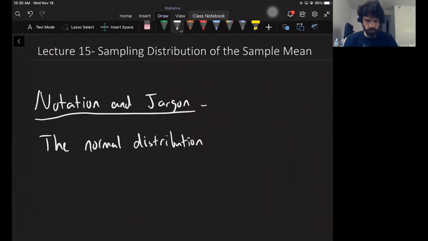We get all possible sample means. Well, that has a fancy name.